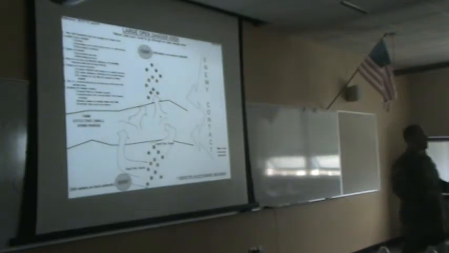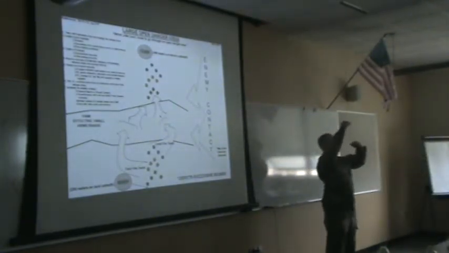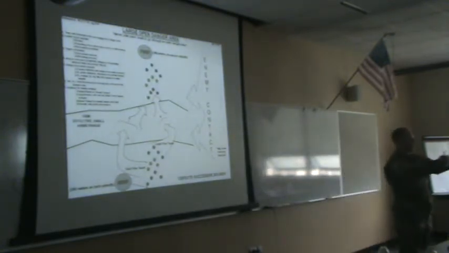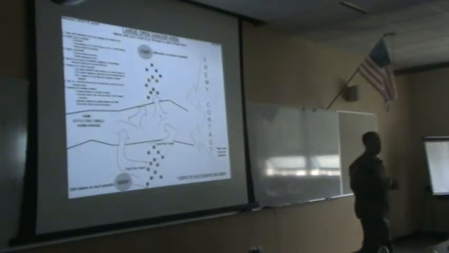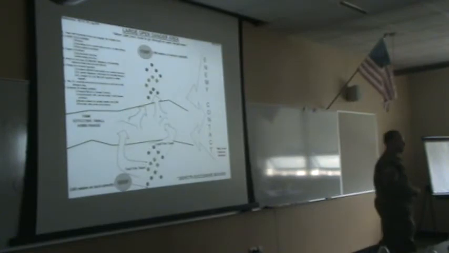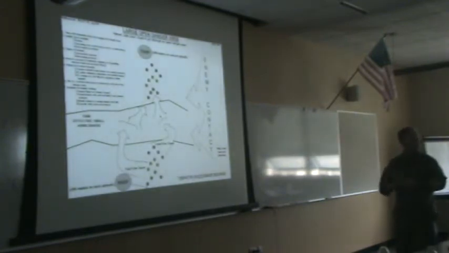Successive bounds are nothing more than having one element move up, like say Alpha team, and Bravo team just catches up. Alpha team moves up again, and Bravo team just catches up. One element sets the limit of the bound, and the other element just catches up. Alpha leads out every single time. Alternating bounds is nothing more than playing leapfrog. Alpha, Bravo, Alpha, Bravo.